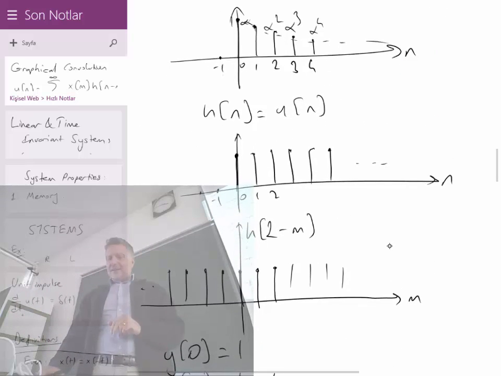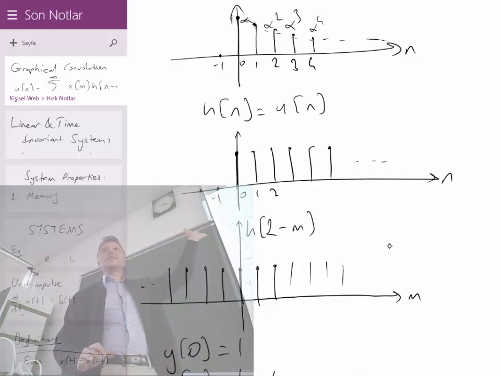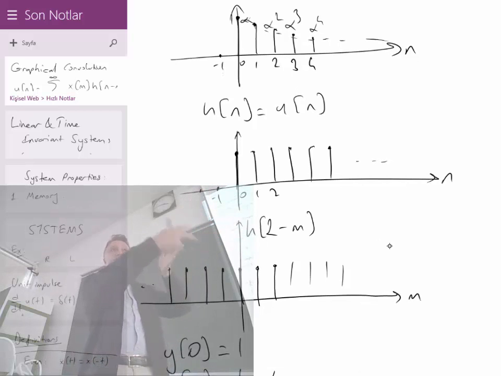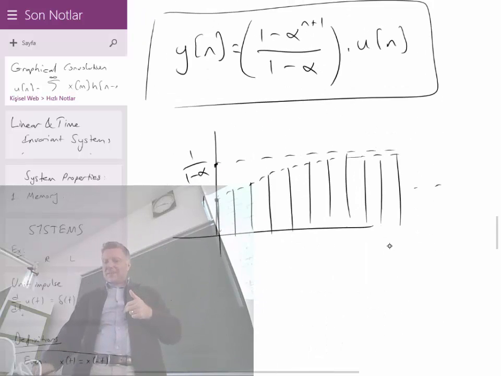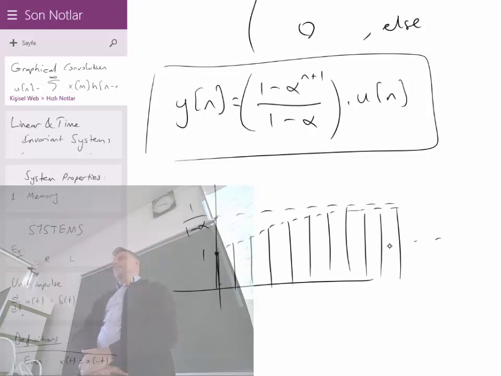So this h of n is the impulse response. You have several impulses, shift them, scale them, and sum them up, and see if it really corresponds to this strange formula. That's a critical exercise. Please do that. I may ask it in the examination.